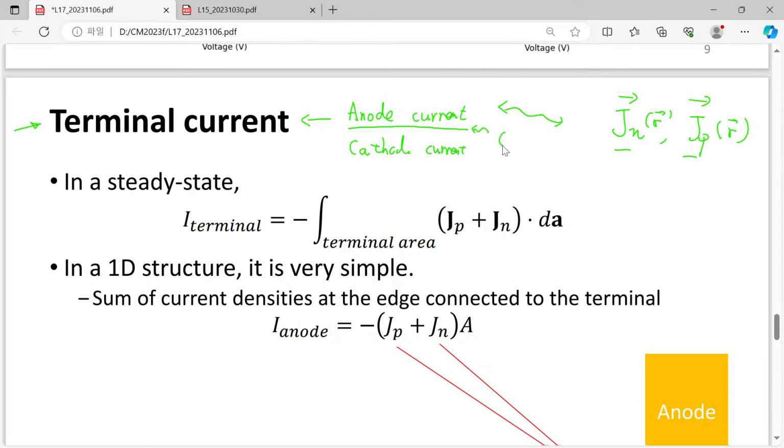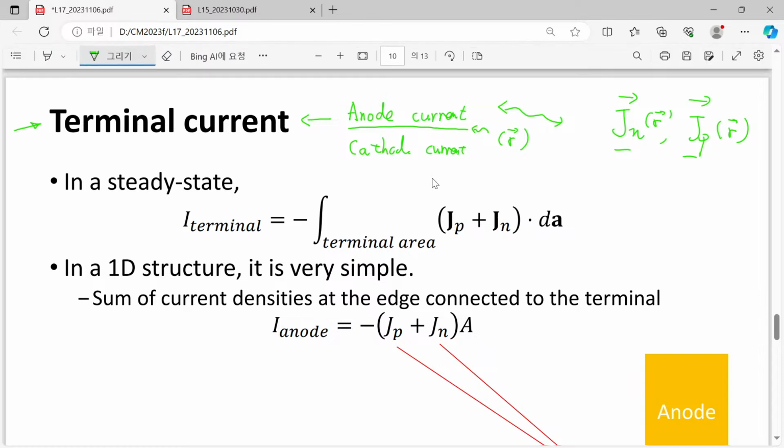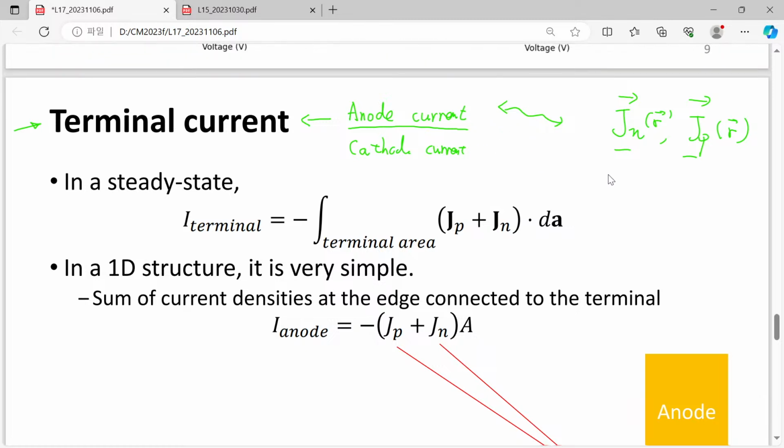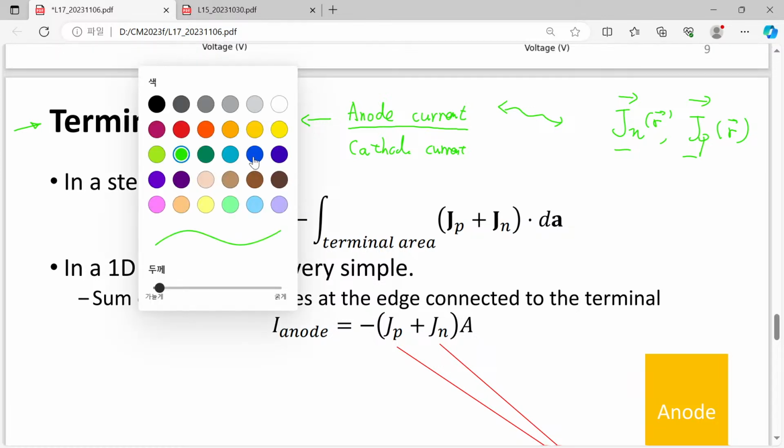Do you have any position dependence on this anode current? Anode current at a point here and another point at a different position. We don't have any kind of position dependence. But in the case of electron current density, we must define the electron current density everywhere inside our device. So now you can easily understand the difference between these two cases.